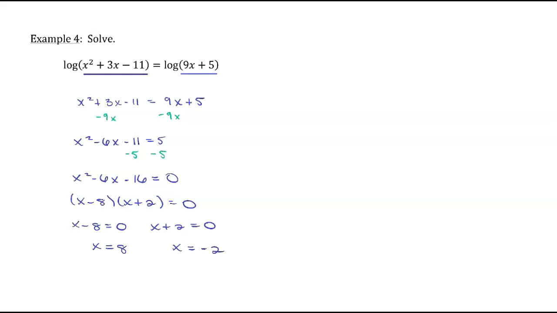Now, with logarithmic equations, it's very important that we check our solutions. A logarithmic equation requires that the argument is a positive number. So it's important that our values for x create positive numbers inside the logarithm. Let's first check our solution, x equals 8. If x is equal to 8, then x squared plus 3x minus 11 is equal to 64 plus 24 minus 11.